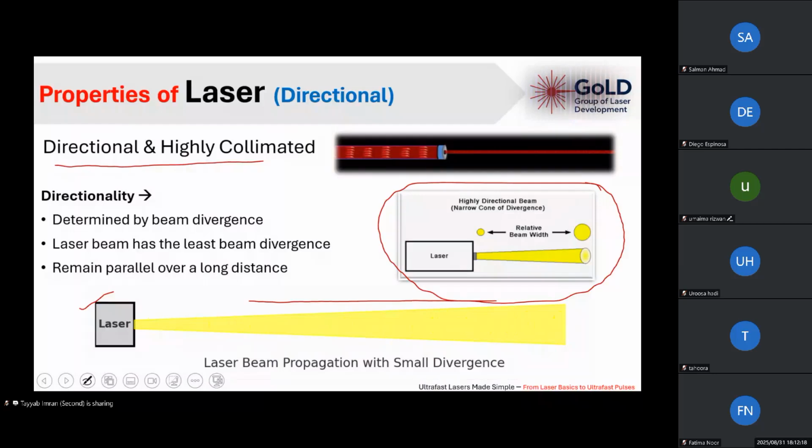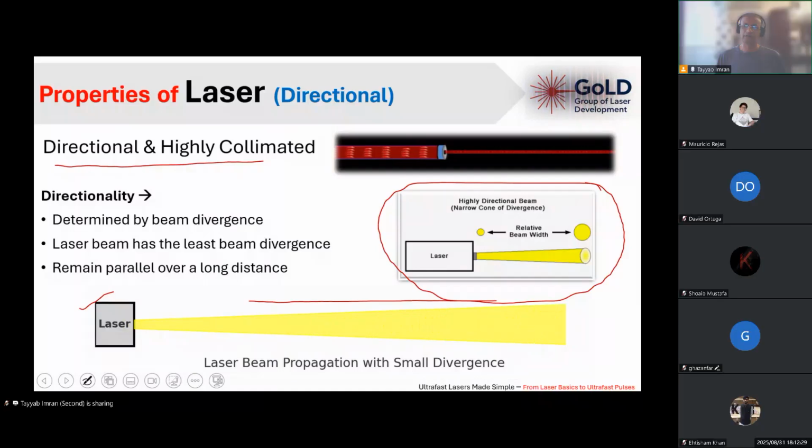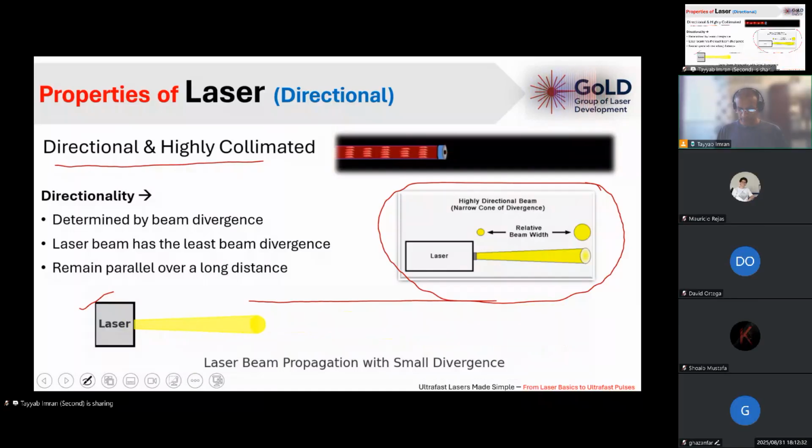It's directional, not bending in all the directions. In this diagram, the beam diameter at exit from the laser is like this, and after a few meters, depending on the laser, it's like this.